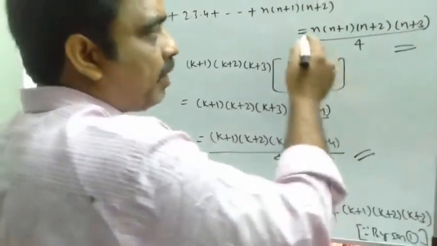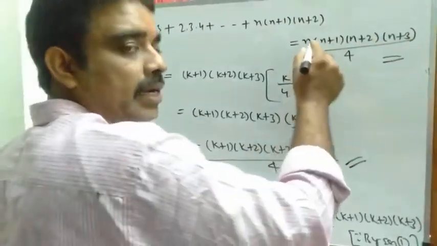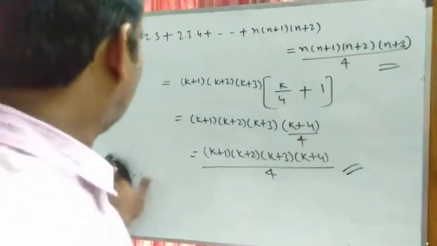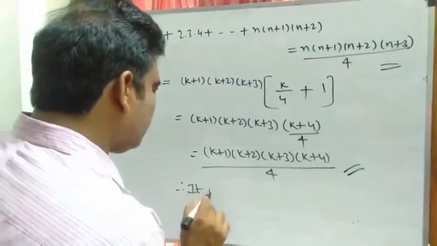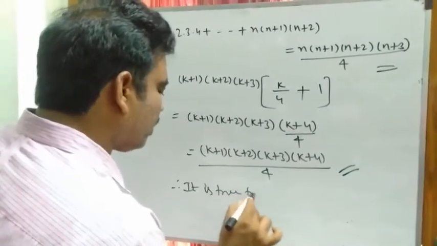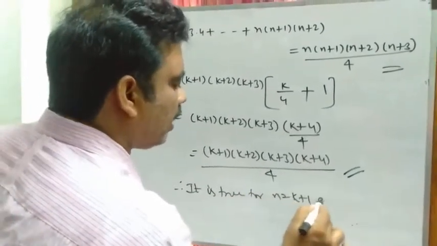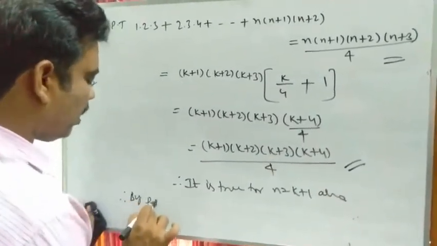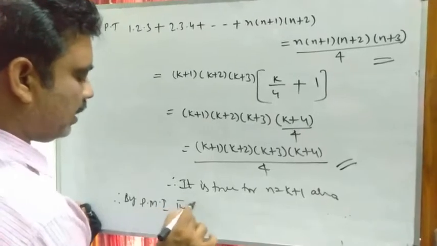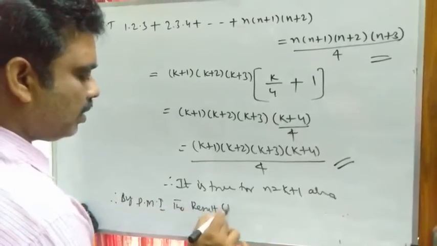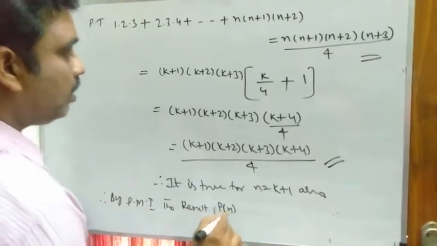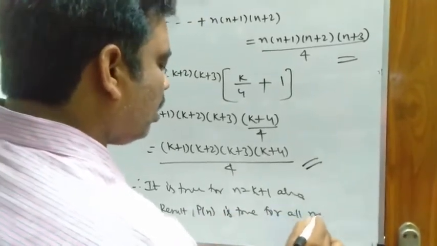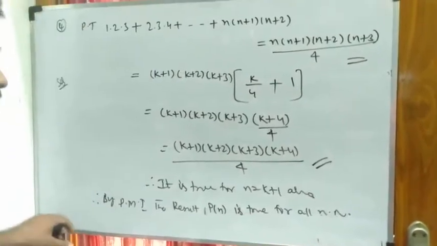Then I can write, by principle of mathematical induction, that it is true for n is equal to k plus 1 also. Therefore, conclusion: by principle of mathematical induction, the result P of n is true for all natural numbers.